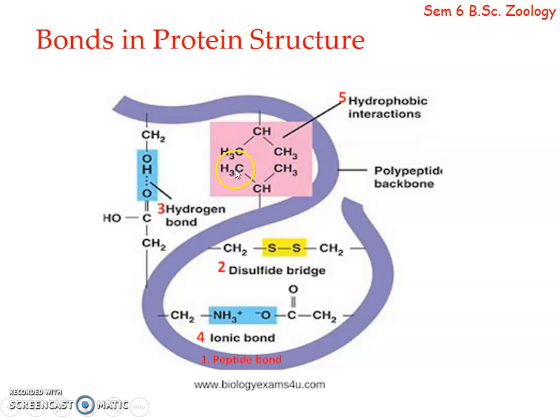This is one nonpolar side chain of an amino acid, CH-CH3 twice, and another amino acid from another part of the polypeptide chain. These two come together, and when they come together, they closely associate in hydrophobic interactions.